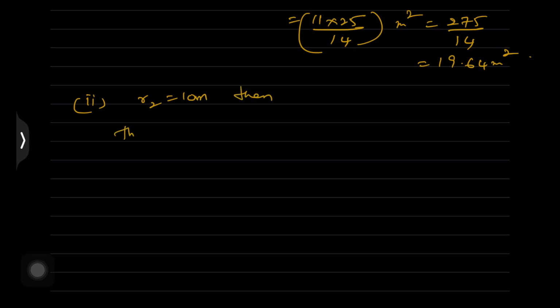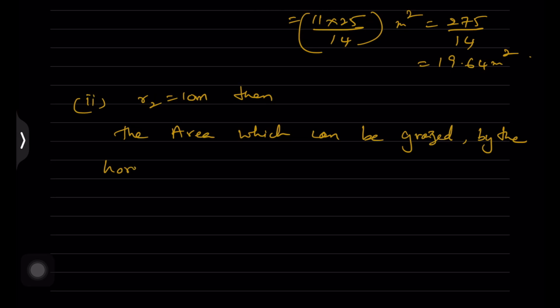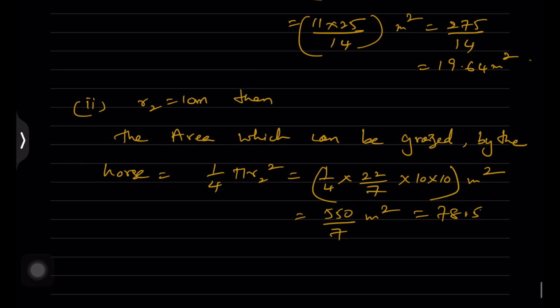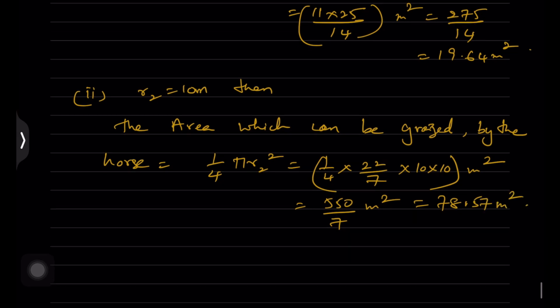Then the area which can be grazed by the horse is equal to 1 by 4 pi R2 square, which is equal to 1 by 4 into 22 by 7 into 10 into 10 meter square, which is equal to 550 by 7 meter square, which is 78.57 meter square.